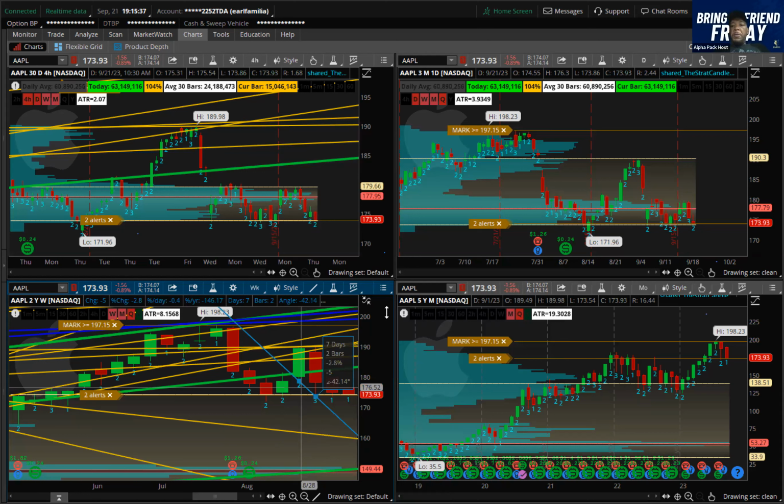Yeah, that one looks interesting, y'all. I like that Apple. Now look at the triggers for tomorrow. So you want to roll that into a 170 put for next week.